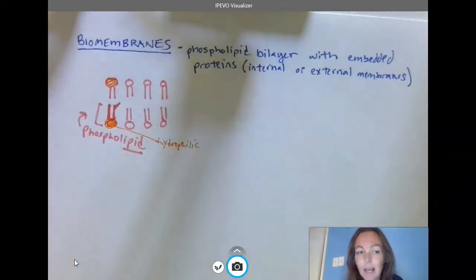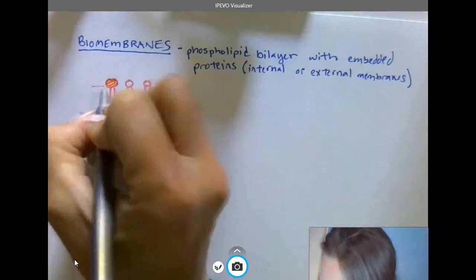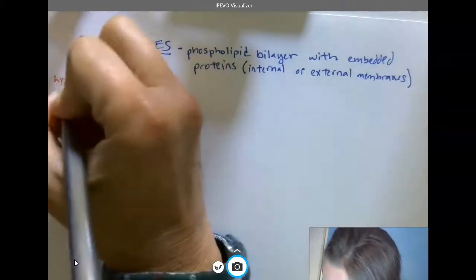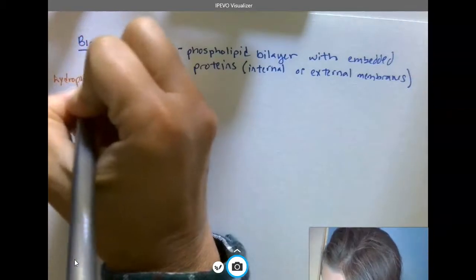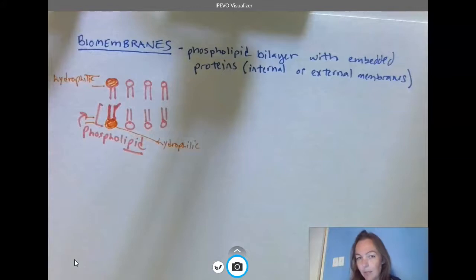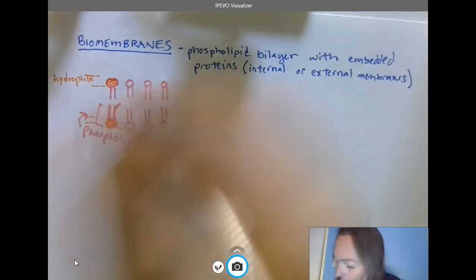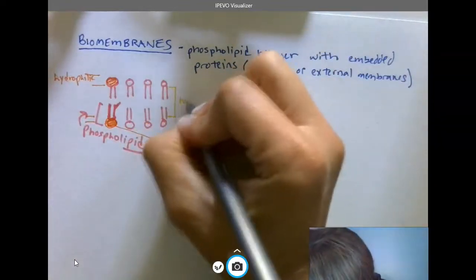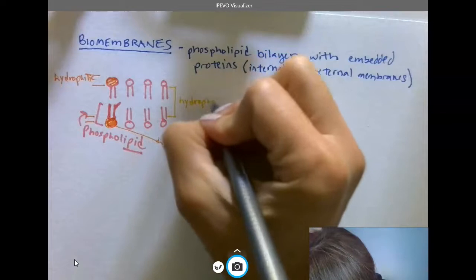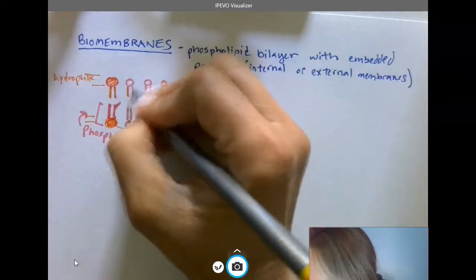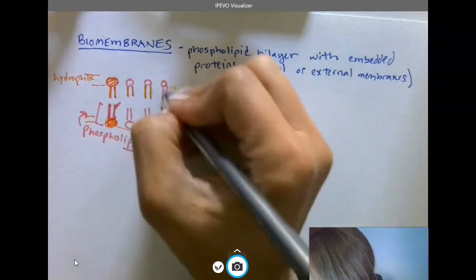So there's two sides of the phospholipid bilayer that contain hydrophilic components. Then the fatty acid tails, right here, are hydrophobic, which is why they hide on the inside of the bilayer.